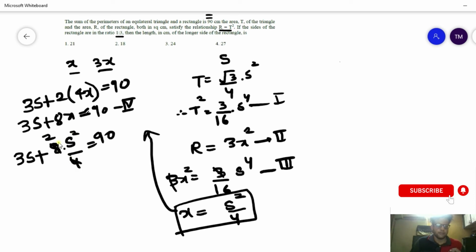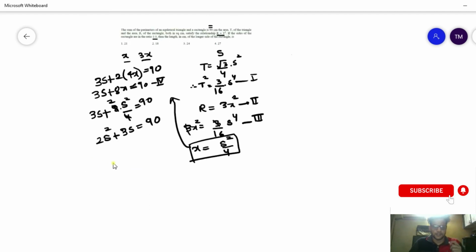So 4 into 2 is 2s square plus 3s is equal to 90. Now this is a quadratic equation. So the quadratic equation is 2s square plus 3s minus 90 is equal to 0.